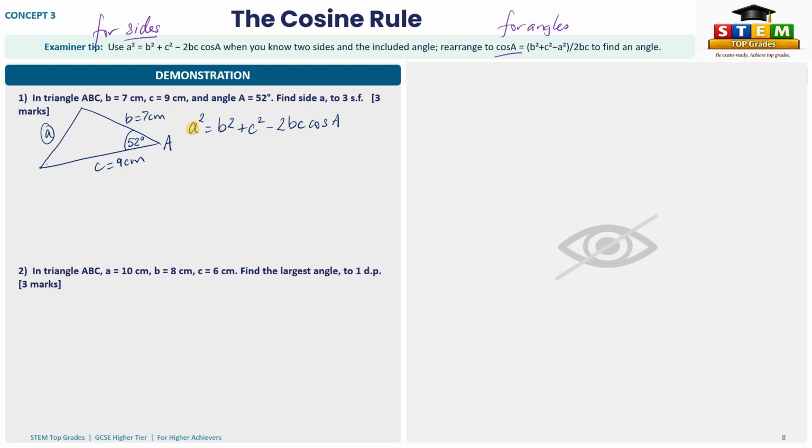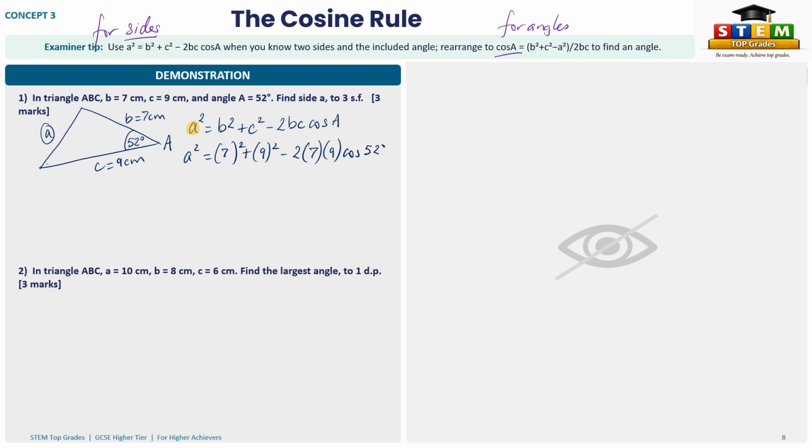We don't know A. We are going to look for A by substituting the values of B, which is 7 here: 7 squared, plus 9 squared, minus 2 times 7 times 9, and then cos of angle A, which is 52 degrees. And remember, the whole thing is equal to A squared.